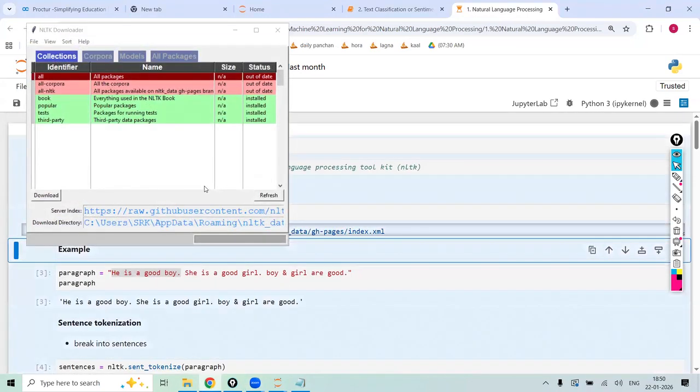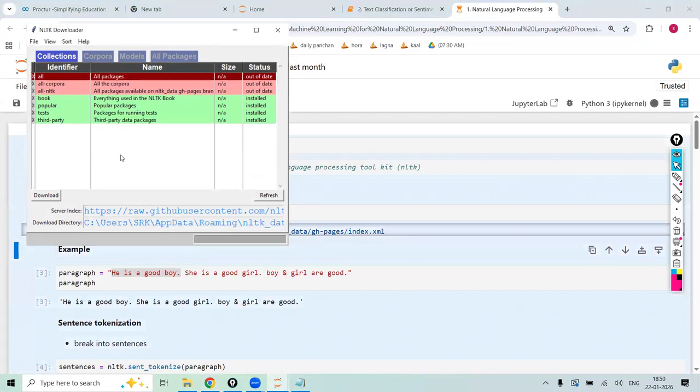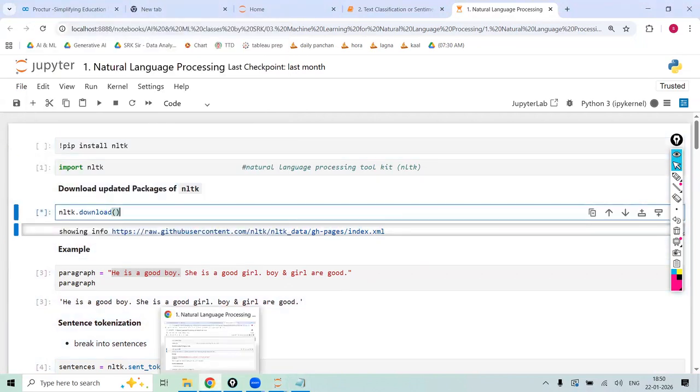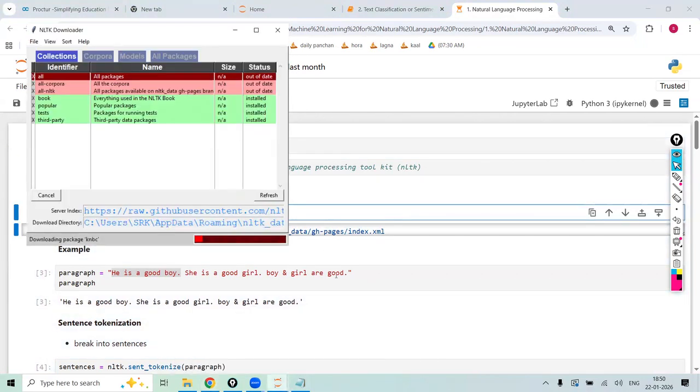Let me select all of them and click on download.